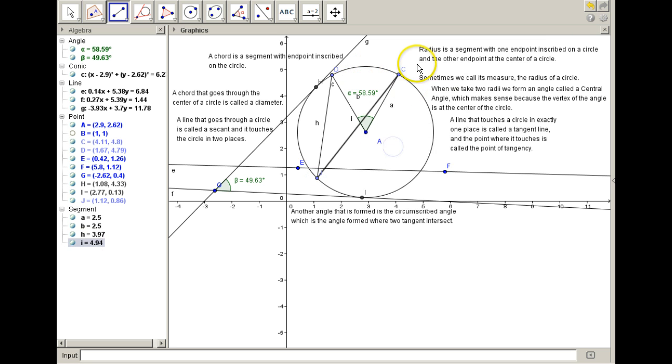I don't need it. So then what I have is an angle that is formed when two chords have a common endpoint. Okay, now remember that chords are segments with endpoints that are inscribed on the circle. So let's do this again. So there it is. A chord is a segment with endpoints inscribed on a circle.